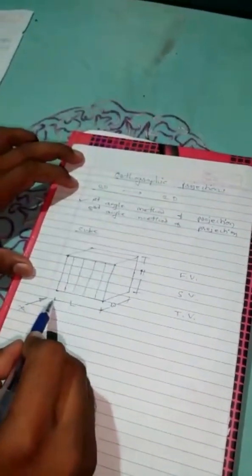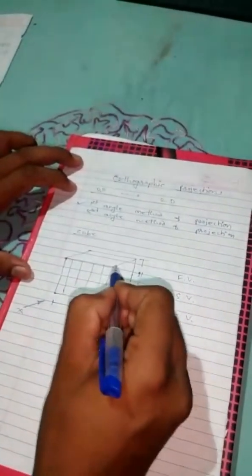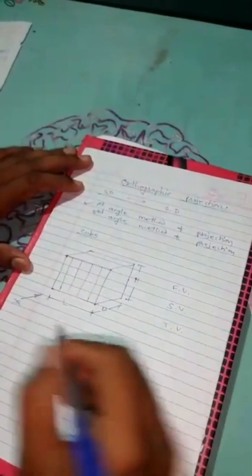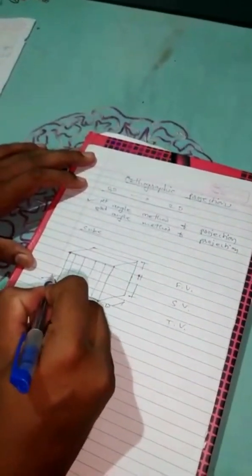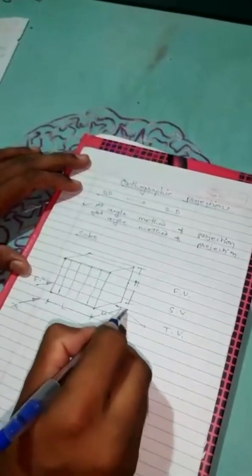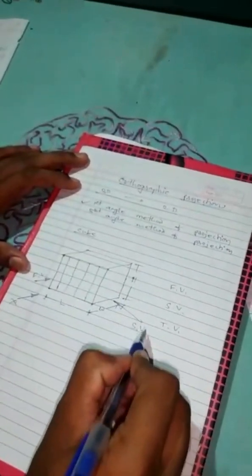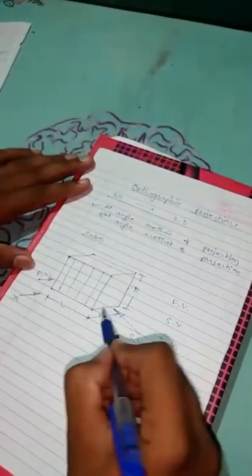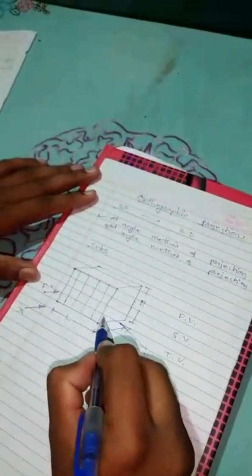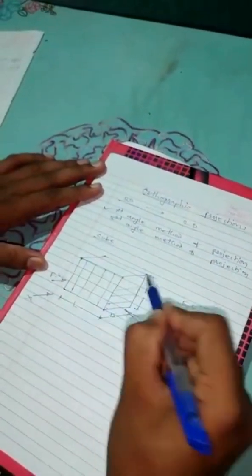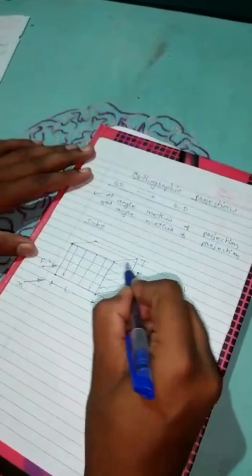This will have the length L and height H. Then we will see the side view, which is seen from this side. In the side view we see the width and height, and it is shown by dashed projection lines.